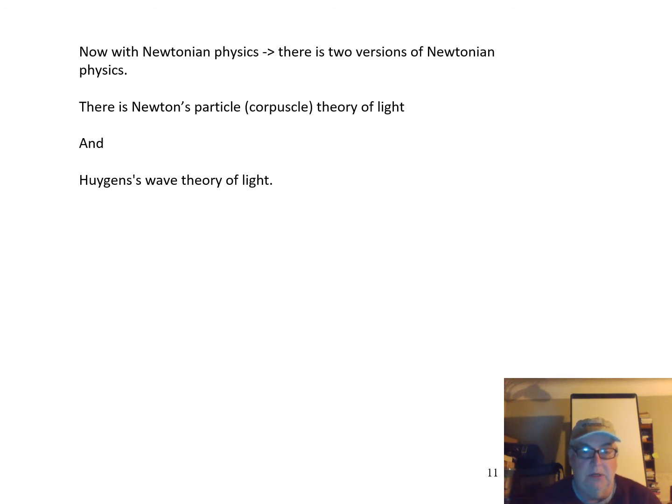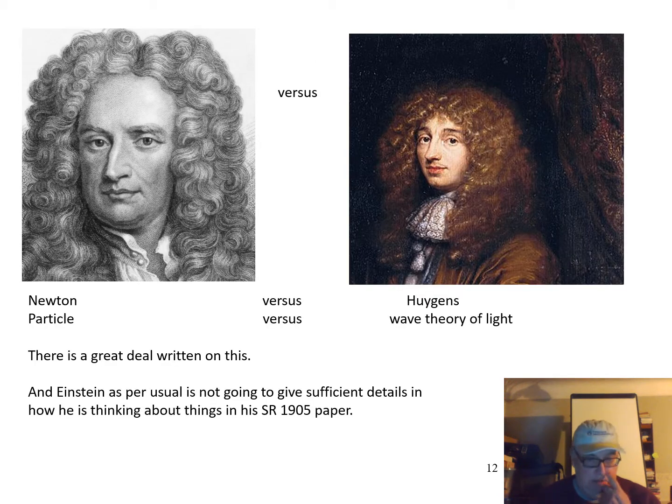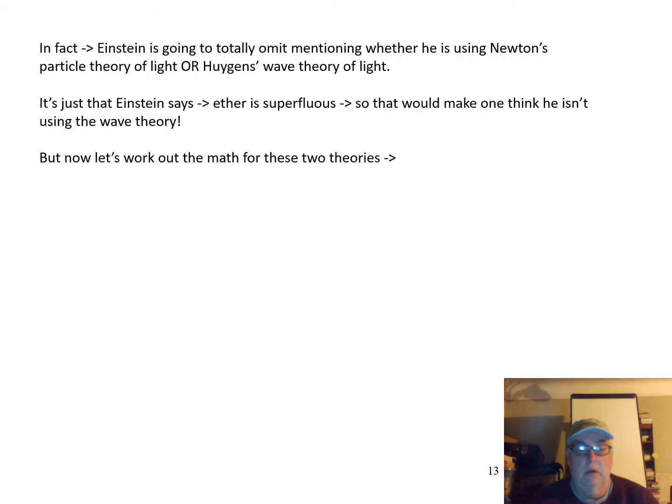Now, with Newtonian physics, there are two versions: there is Newton's particle or corpuscular theory of light and Huygens wave theory of light. So here it is, it's Newton versus Huygens, and there's a great deal written on this, and Einstein, as per usual, is not going to give sufficient detail in how he's thinking about these things in his special relativity paper of 1905.